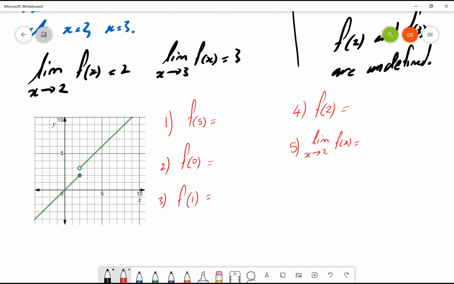Alright. Let's have a look. What is the function defined as? So at 5, it's 6.